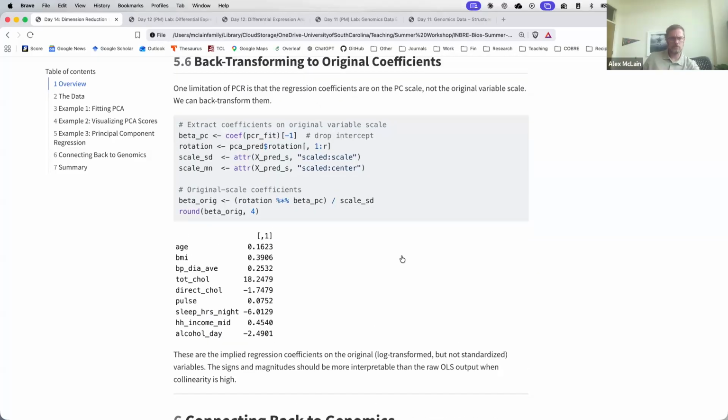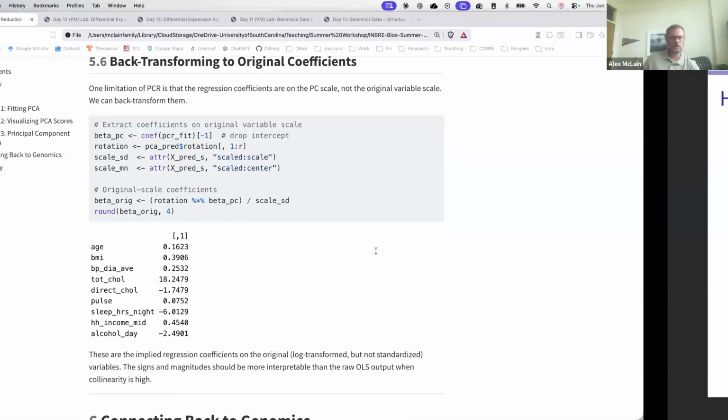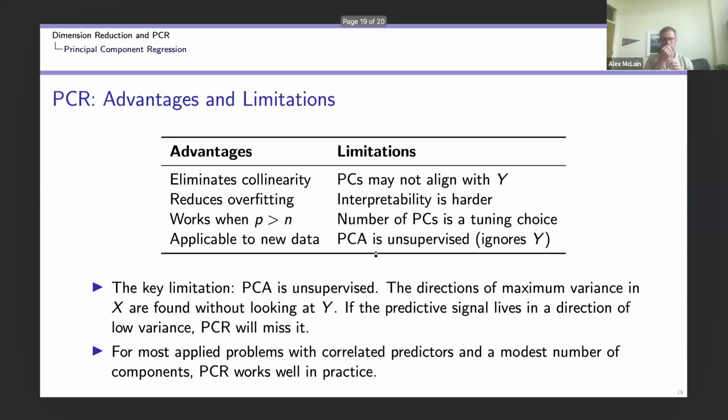Good. Okay, so some of the advantages of principal component regression. It eliminates collinearity, reduces overfitting. I think this is the main one here, is that it works when we have more variables than our sample size is. So we could have 20,000 variables and 100 people.